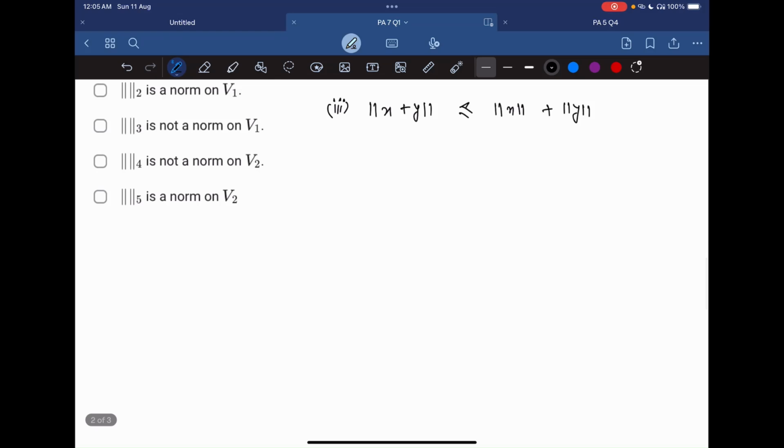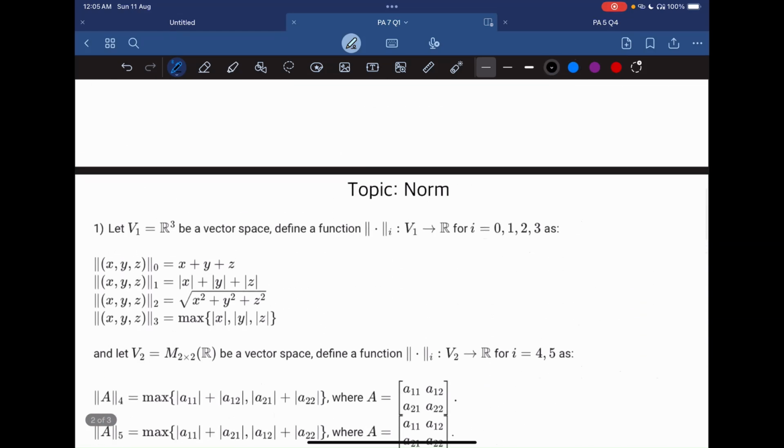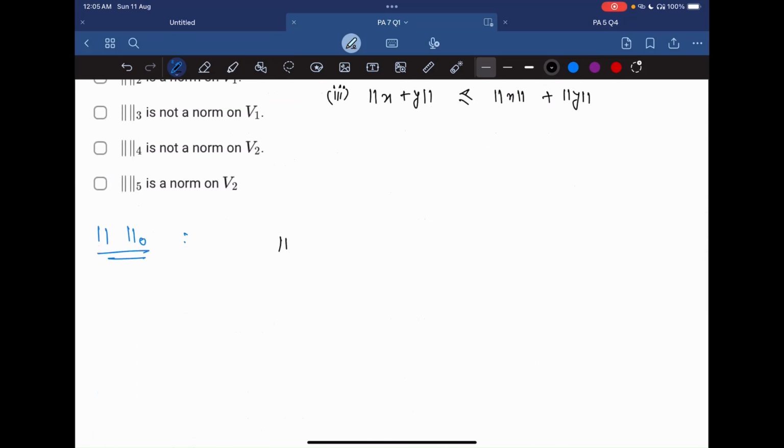So let's start with norm 0, the function 0 here. So our function is defined like this. That is, for any vector in R3, this function is x plus y plus z.